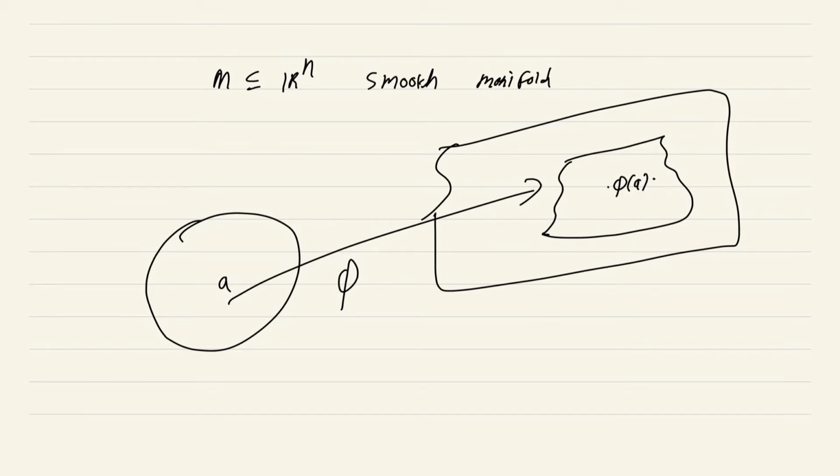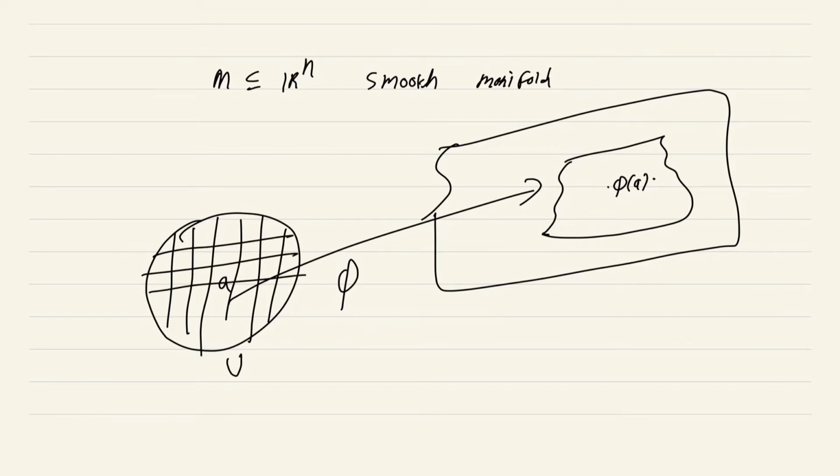Now we will do idea number 2, which is still motivated by idea number 1. This open set U, which is the parameterizing domain, you break it up into small boxes. Here these boxes are just rectangles, but in higher dimensions they will be genuine boxes or cuboids. Okay, so let's say this A happens to be in this particular box.